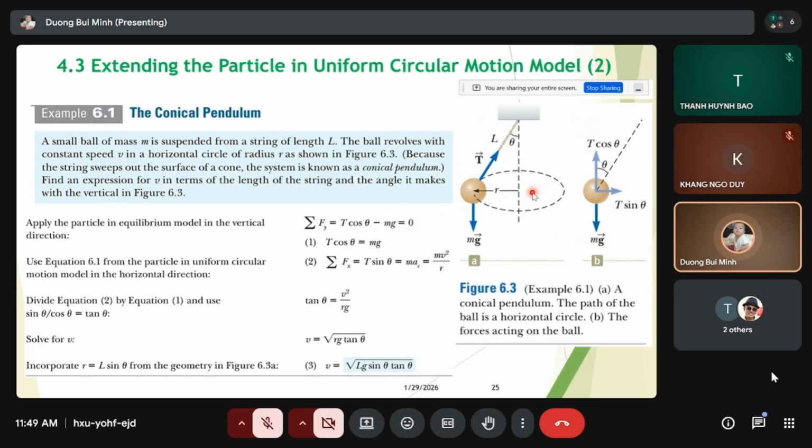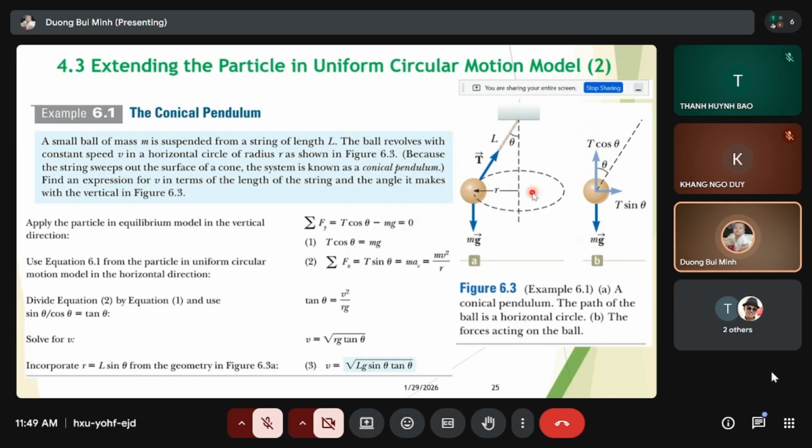So ay will be 0, and ax will be AC, the centripetal acceleration. And we know AC is V square over R. Questions?